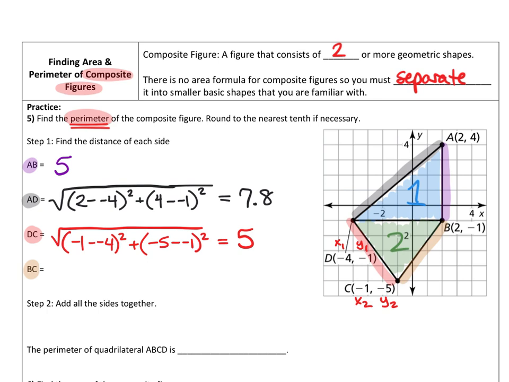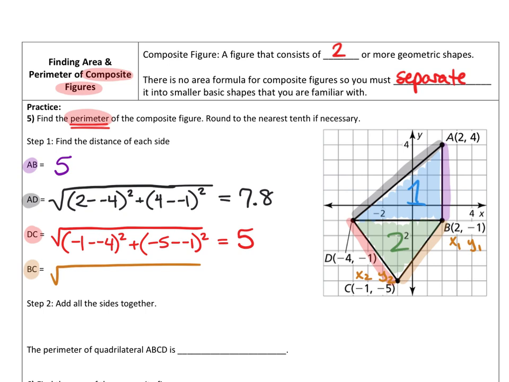The last distance we need is BC. Again, BC is a diagonal, so we're going to need to use the distance formula. So we need to label some points. I'll label this x1, y1, and x2, y2. Again, super confusing now that I have multiple labels, so I'm going to erase the labels I used a second ago.